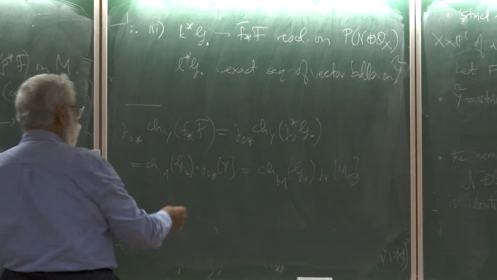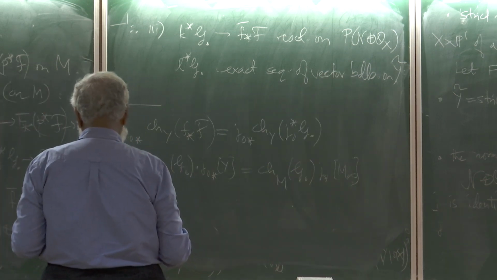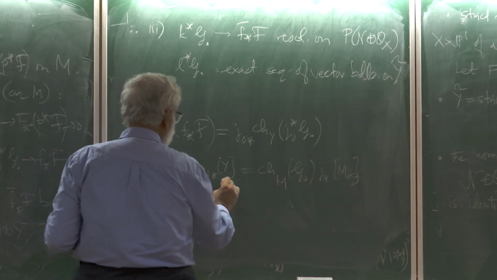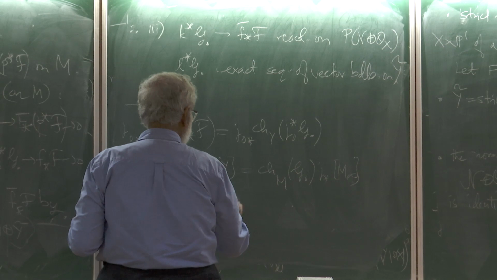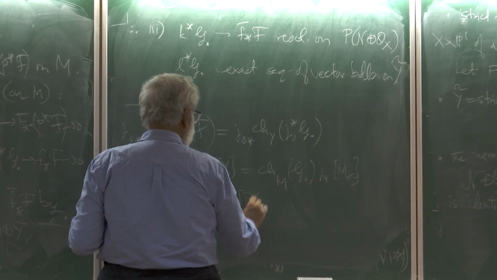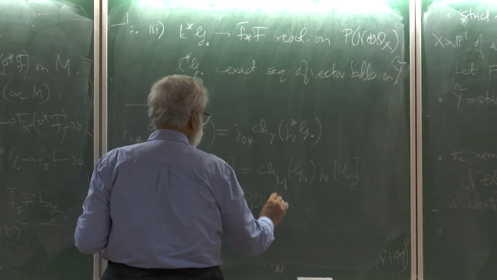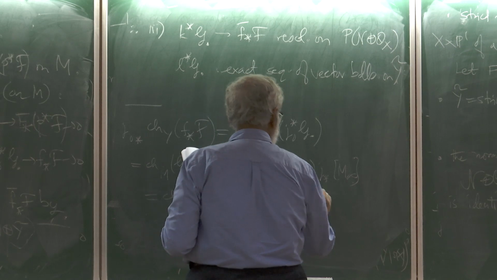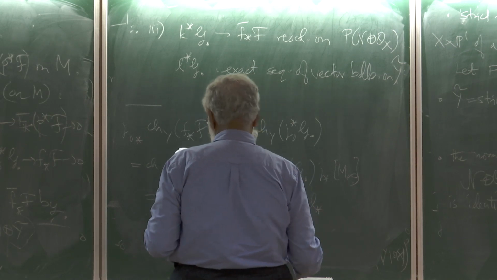But M infinity is reducible, so I'll get two terms. I'll get chern M of G dot of K lower star of P of n plus O plus L lower star of Y tilde.